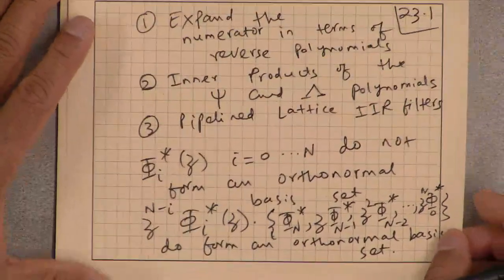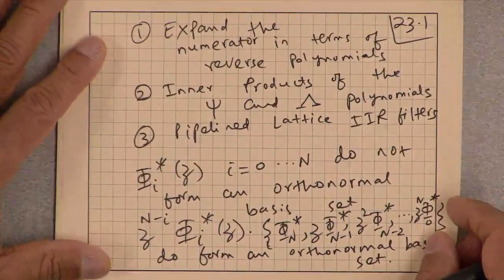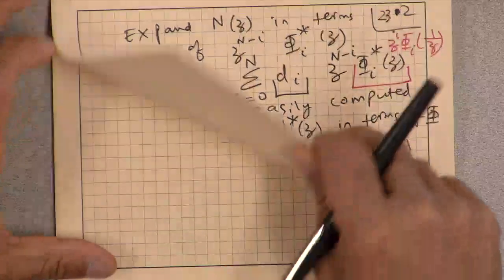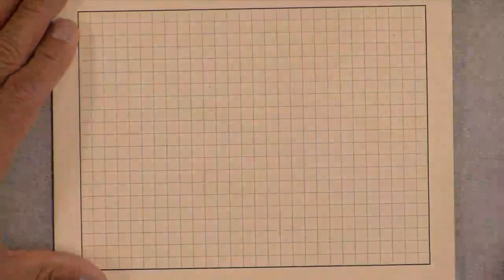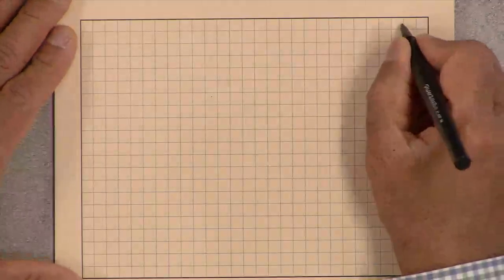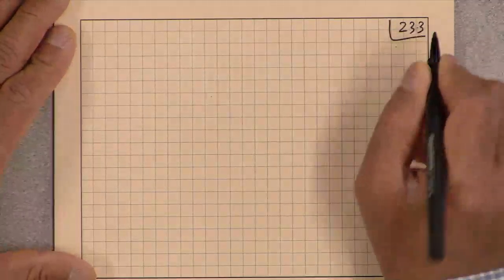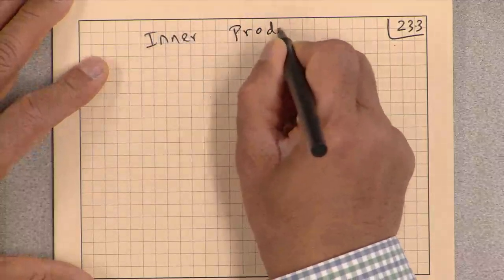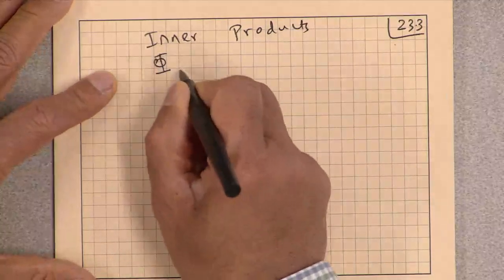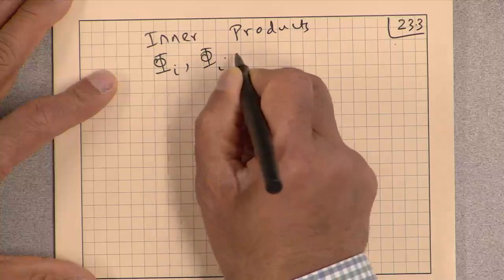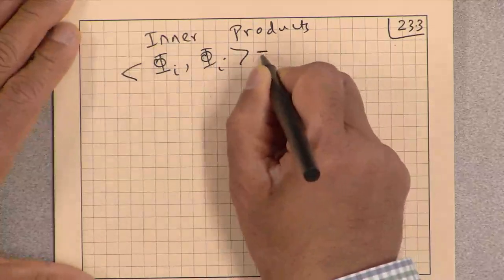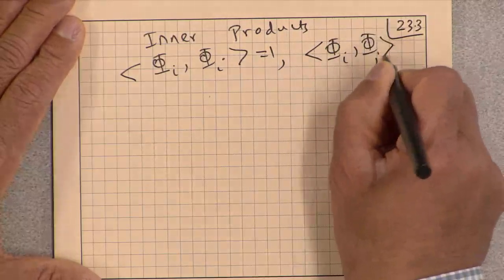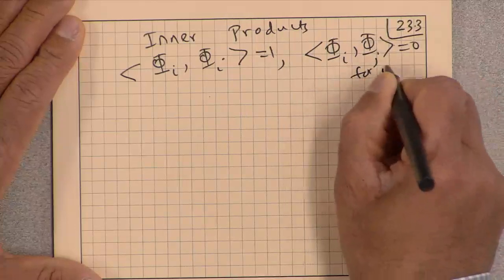Okay, so the second topic that I want to talk about is the inner products of the psi and lambda polynomials. We already know that for the phi polynomials, the inner product of phi I with itself is 1, and the inner product of phi I and phi j is equal to 0 for I not equal to j.